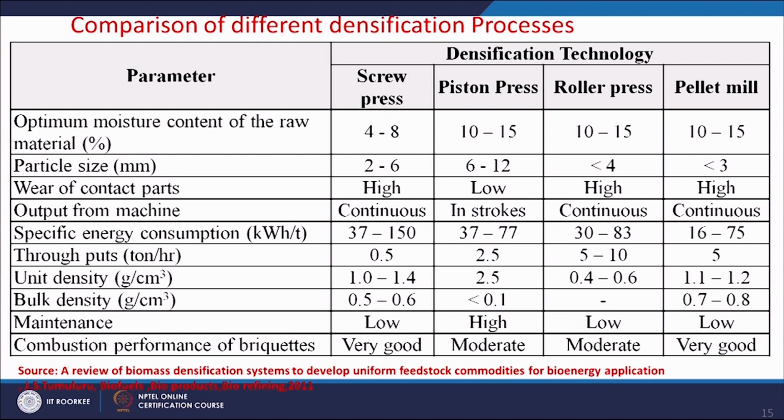It is very clear from this table that the operating conditions like optimum moisture content are different for different machines, particle size is different for different machines, and wear of contact parts is also different; the screw has the highest wear of contact parts, as we have just discussed. Output from the machine is continuous in all cases except the piston press. And specific energy requirement is a very important factor.